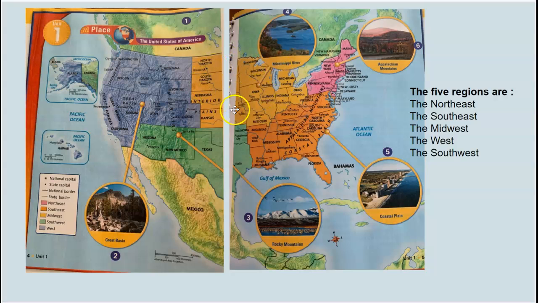This lighter orange in the middle of the country is known as the Midwest region. Then we have this area where the Rocky Mountains are located, where California is, the Pacific Ocean. This is the West region. And then down below here, because this is in the southern part of the United States, this is the Southwest region, the dark green area.